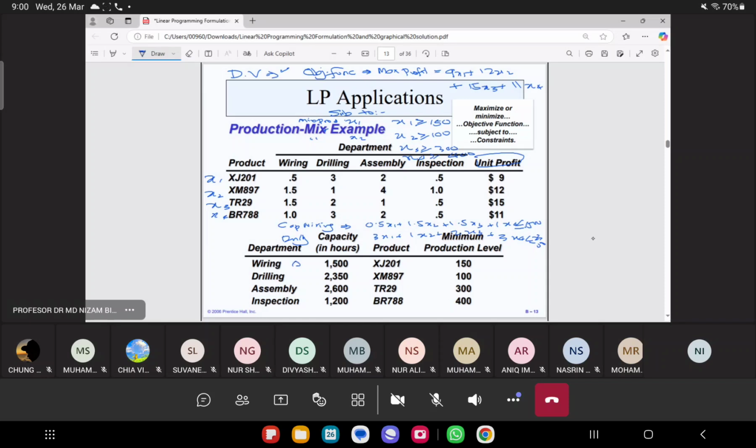So I can do it for assembly and then inspection. Any other constraint other than this? That's all. The other constraint is X1, X2, X3, X4 must be greater or equal to 0.